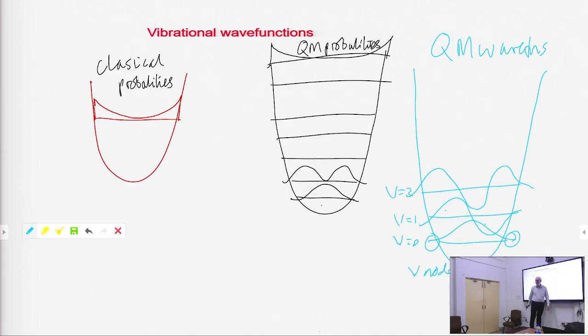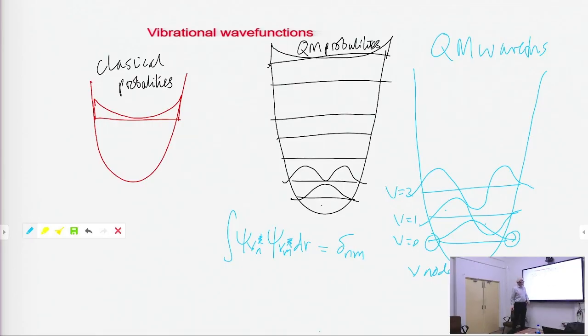You have one more node in each wave function, and by design, if the wave functions are not the same, they're orthogonal when you take the overlap between them.